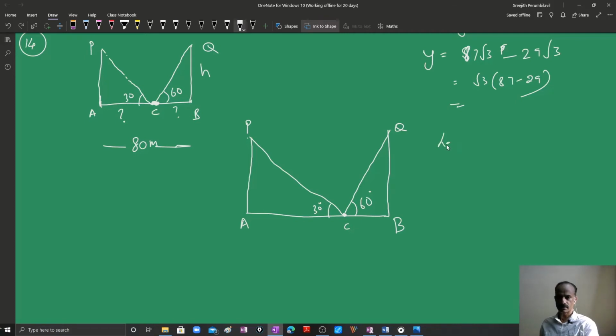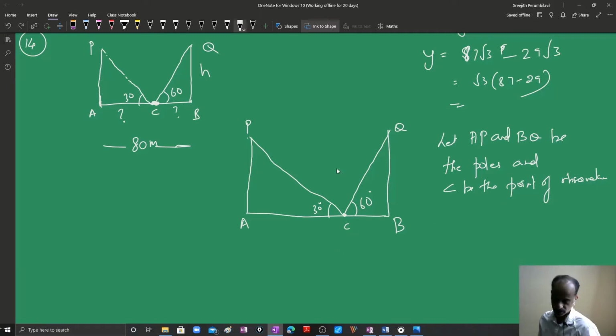We have been asked to find. So let AP and BQ be the poles and C be the point of observation.